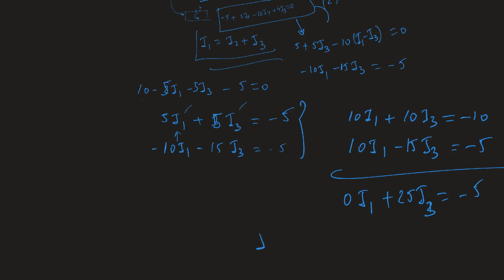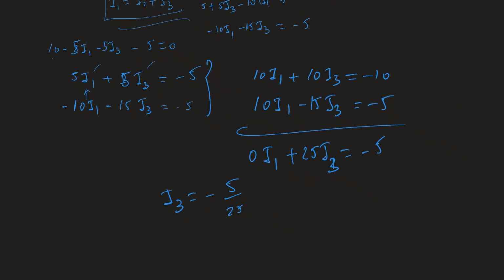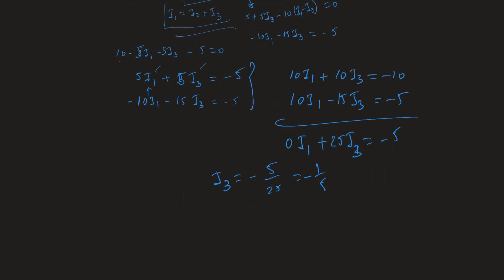So I3 is minus 5 divided by 25, which is minus 1/5. The minus means that I have chosen the current I3 incorrectly. It should be in the other direction.